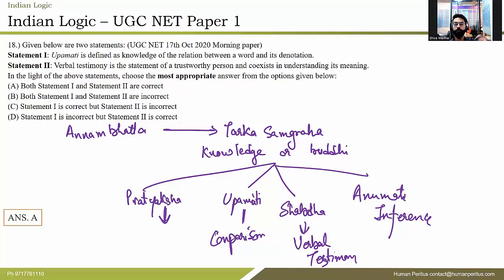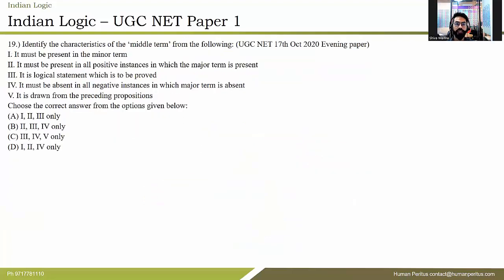She has been cooking for you for a long period of time. So her knowledge will be trustworthy to you. So verbal testimony is a statement of a trustworthy person. That is also correct. So the correct answer is both statements are correct. Okay. Moving on to the next question.